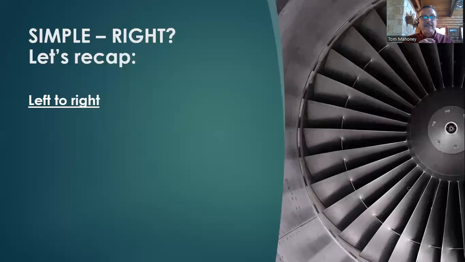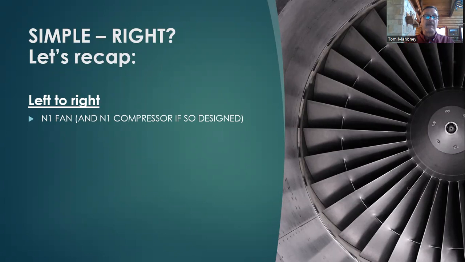So those are your basic parts. Let's recap real quick. Left to right in our schematic, we have the N1 fan, often with a compressor attached, and we would call that the N2 compressor. Correction, the N1 compressor.